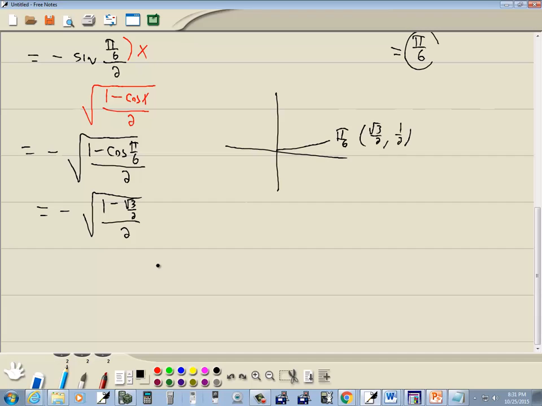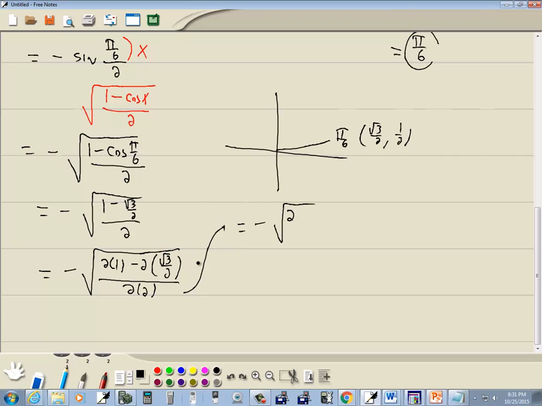Well, we don't want a fraction inside of a fraction, so we're going to multiply everything by 2. We take 2 times 1 minus 2 times square root of 3 over 2, over 2 times 2. So I got negative, and then 2 times 1 is 2.